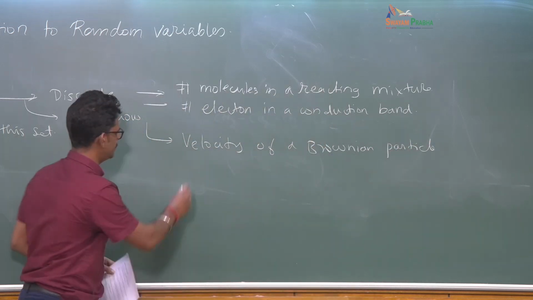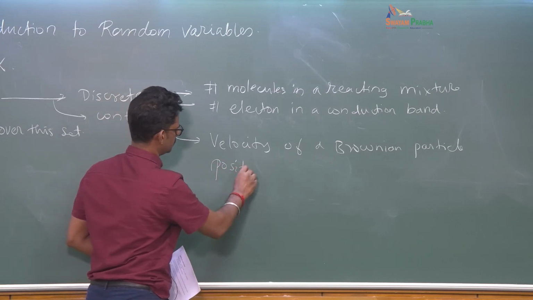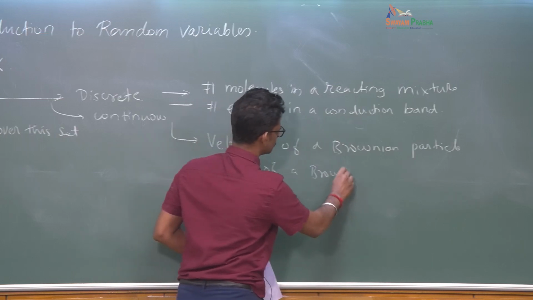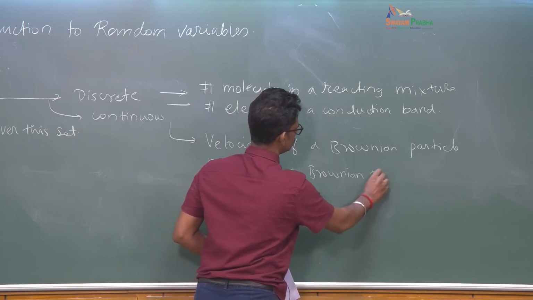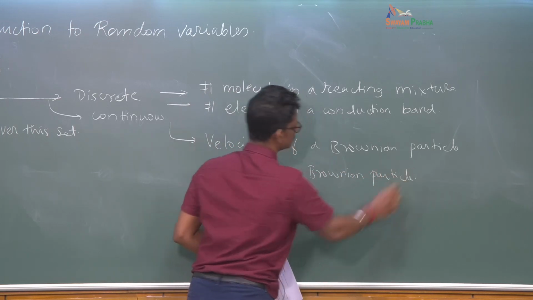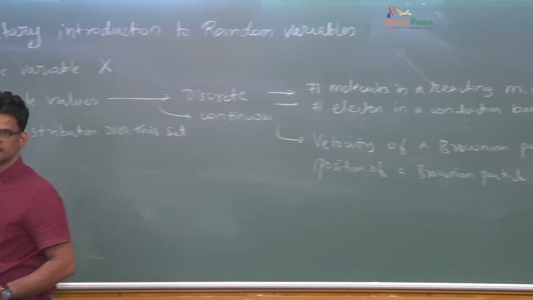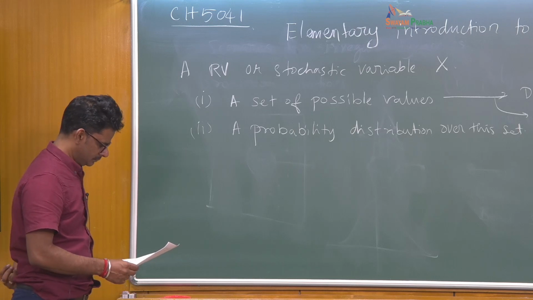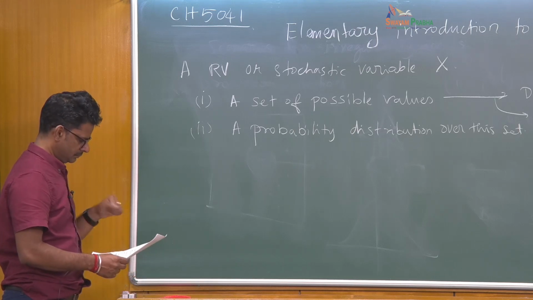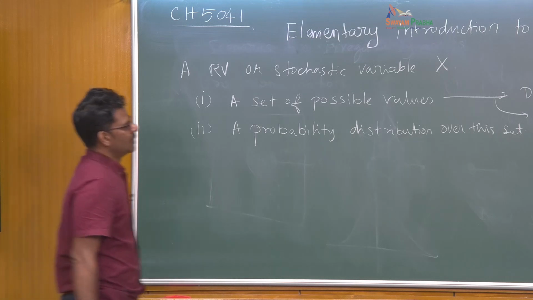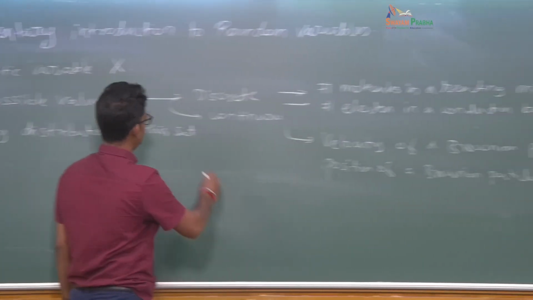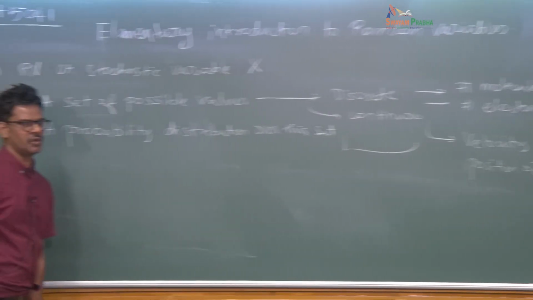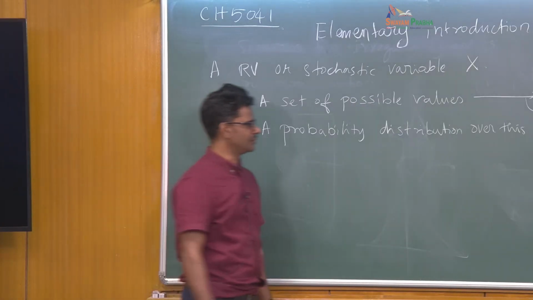Or it can be a position of a Brownian particle. Okay. And we can also say that these can be multidimensional. Okay, this set need not be single dimensional, it can be multidimensional also.